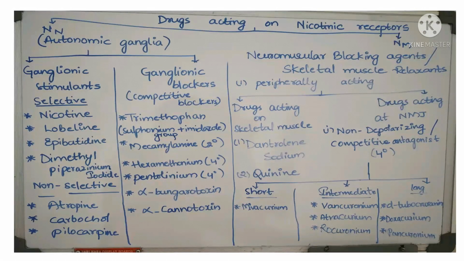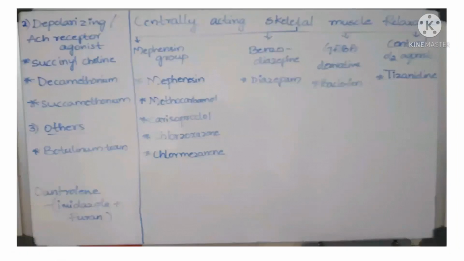Under short, we have mivacurium, and under intermediate, we have vecuronium, atracurium, and rocuronium. Whereas under long, D-tubocurarine, doxacurium, and pancuronium. They have asked these drugs many times, like whether D-tubocurarine is short acting, intermediate acting, or long acting. This is the classification of nicotinic receptor drugs.